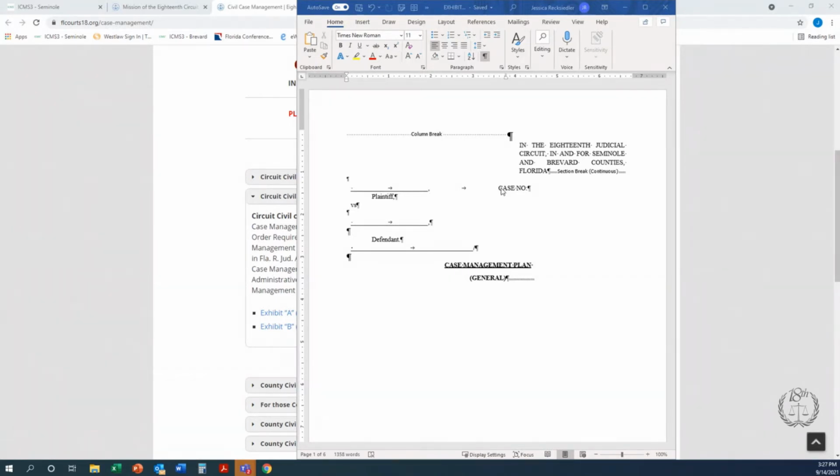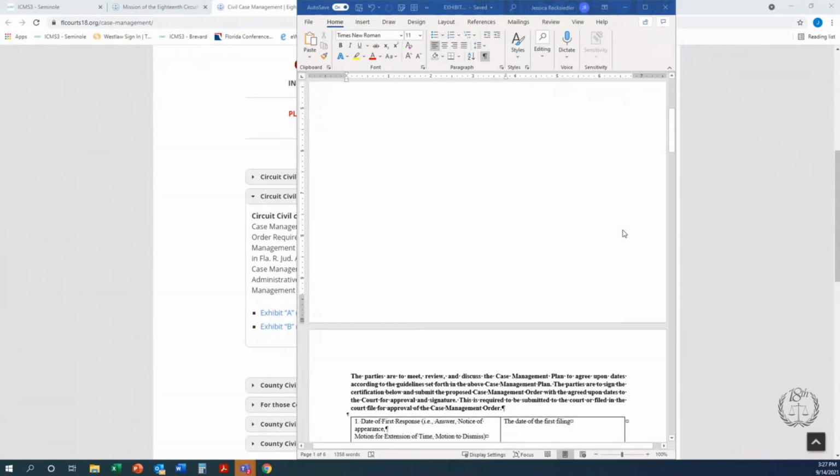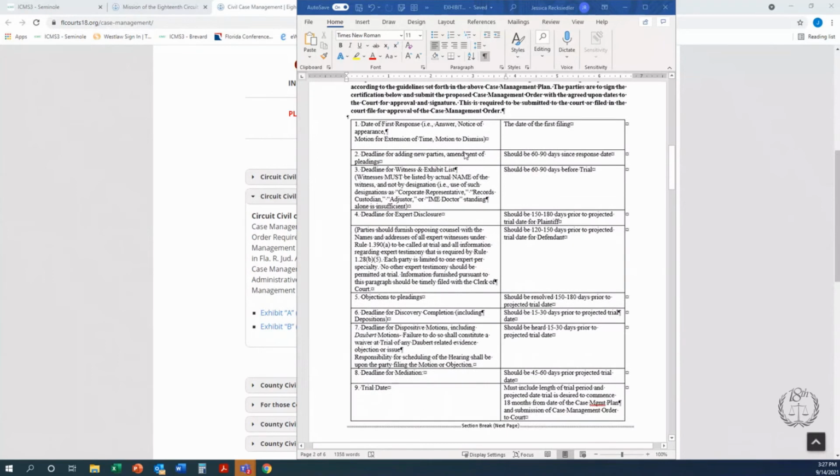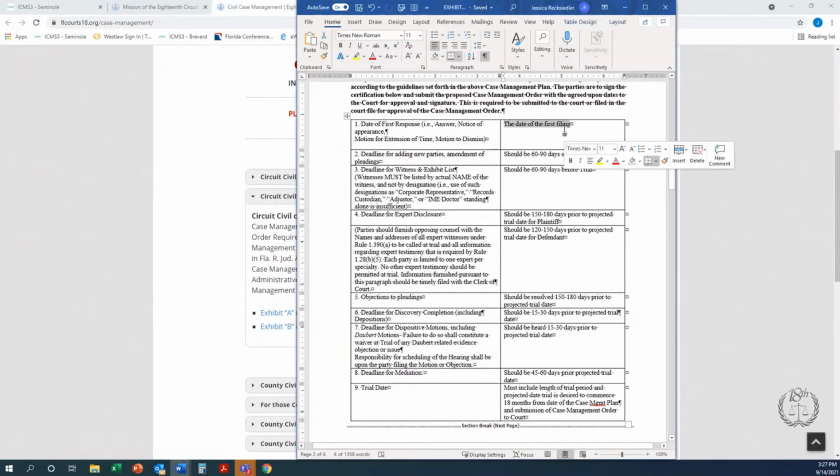Then, of course, you fill out the case number and the case style of the case with the case management plan. When you're filling out the information on the case management plan, when it says the date of the first filing, it should indicate the date the case was filed. That information is supposed to be placed in there, not left blank.